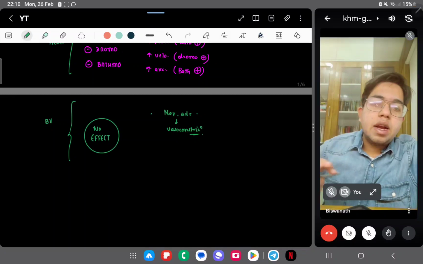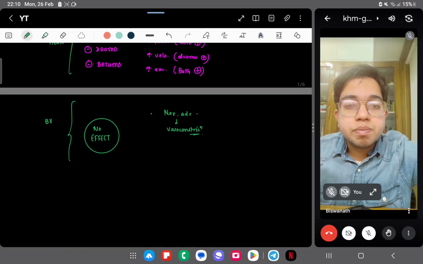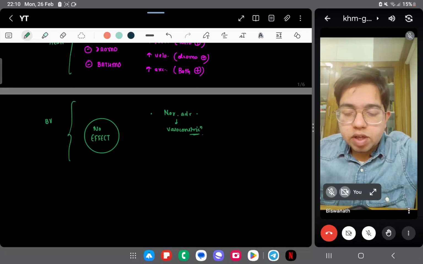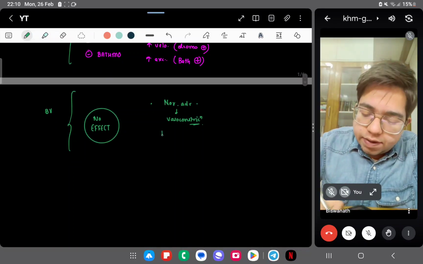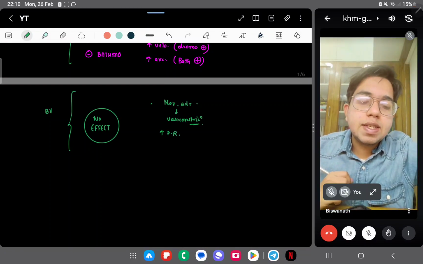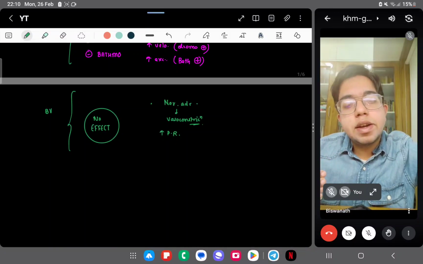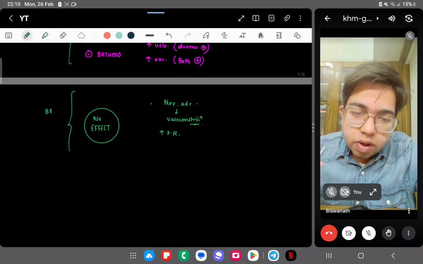And what will happen if vasoconstriction occurs? What will be the effect on your peripheral resistance? If vasoconstriction occurs, there will be increased peripheral resistance. If the resistance to flowing blood is increased, what will it do to the venous return?